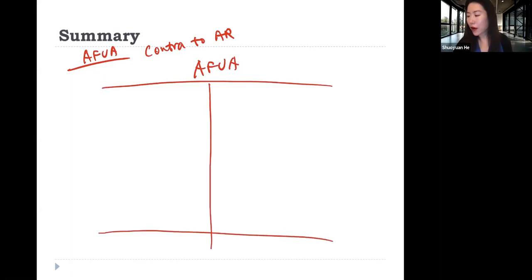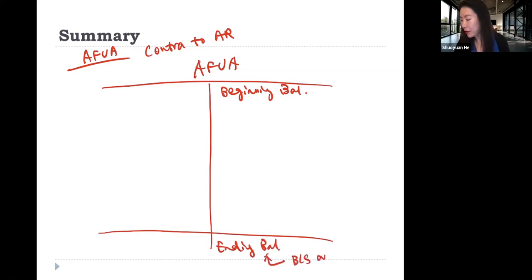We start from a beginning balance, carried over from the previous financial reporting period. And the ending balance, if the firm is using the balance sheet approach, we need to estimate as a percentage of the firm's account receivable balance.